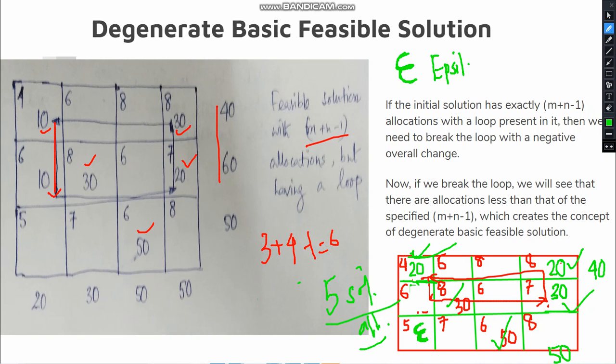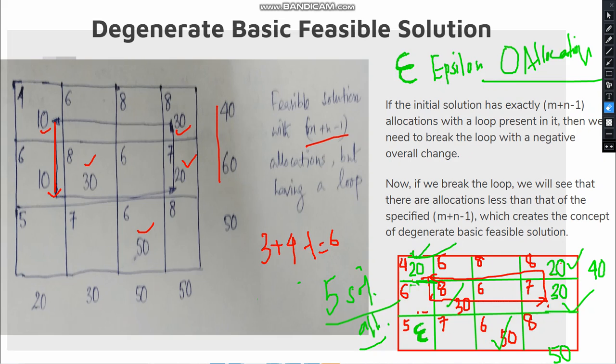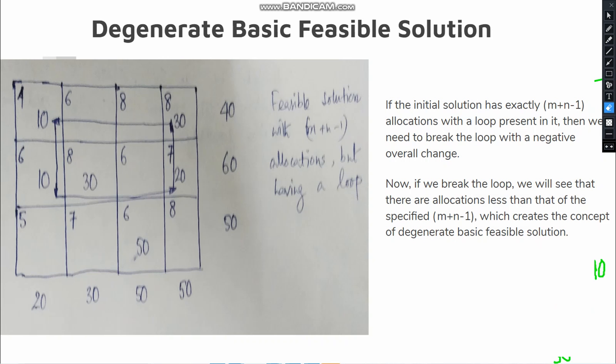Epsilon. Okay, it means 0 allocation. The quantity of allocation is nothing but 0. Okay, so hope you have understood what we mean by degenerate basic feasible solutions. Okay, so let us move on.